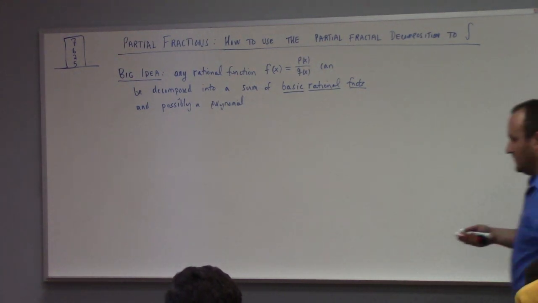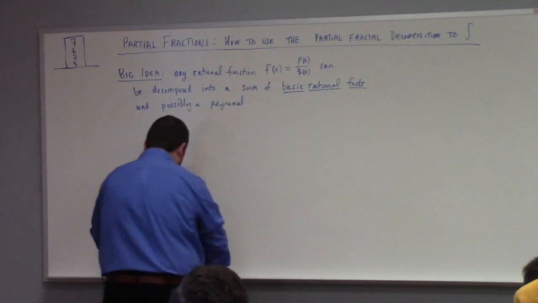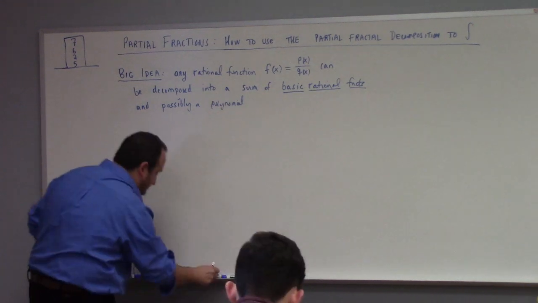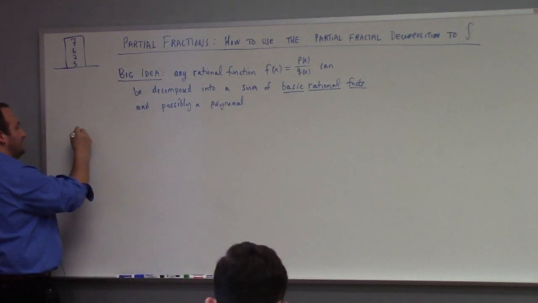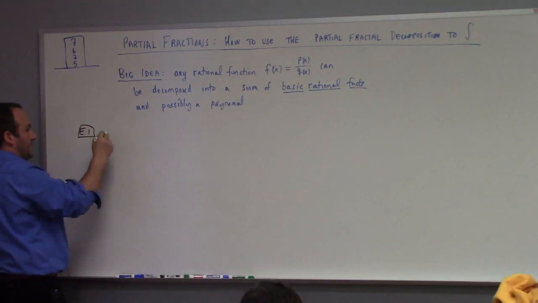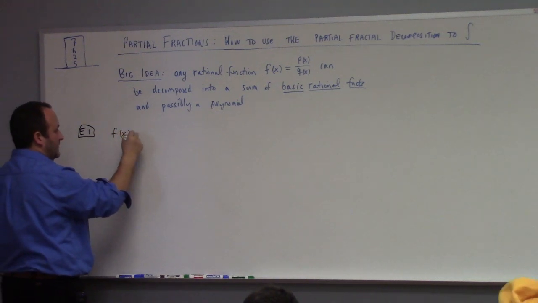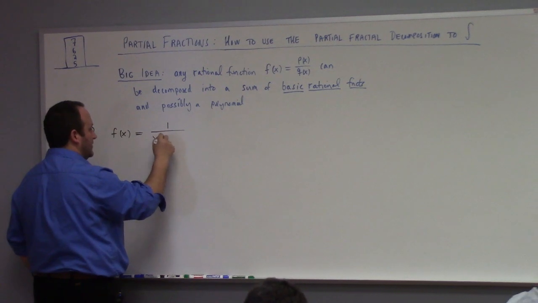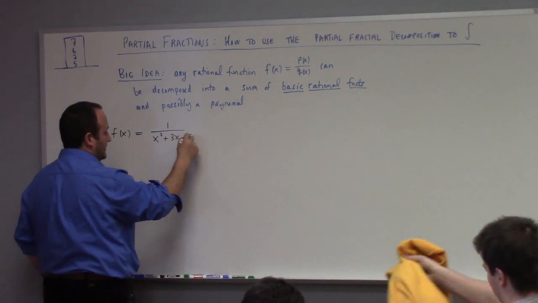I'm going to illustrate with a series of examples. Okay? Example 1. Suppose we have f of x equals 1 over x squared plus 3x plus 2.